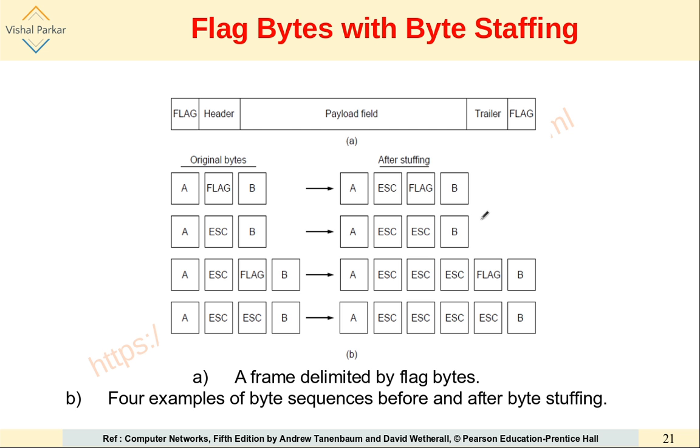Now we'll see with an example. This is the frame to be sent, from header to trailer along with the payload part. This is the overall frame, to which the flag bytes will be attached. That could be one byte or multiple bytes. It's a proper individual sequence, some predetermined sequence, that is called a flag byte.